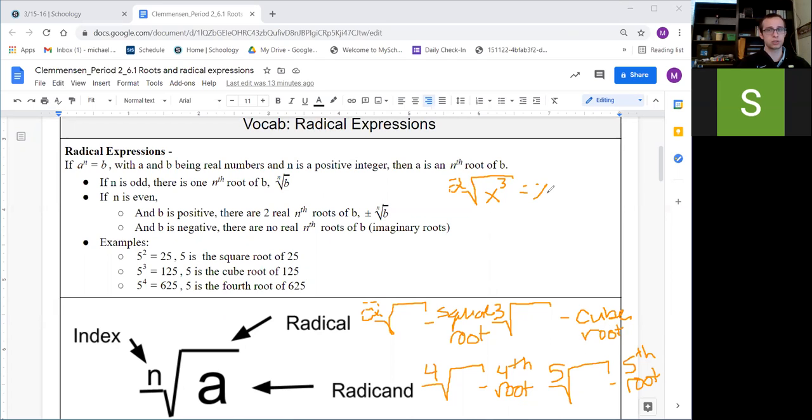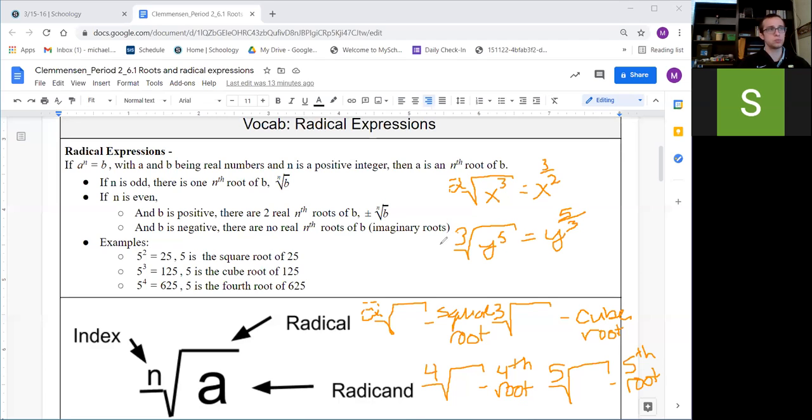So I can go x to the 3/2 power. That's another way we can write our radicals, in exponent form, with 3/2. Same thing if I had the cube root of, let's say, y to the 5th. That's going to be equal to y to the 5/3.